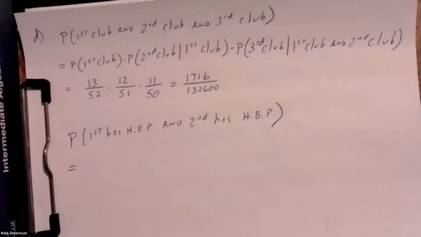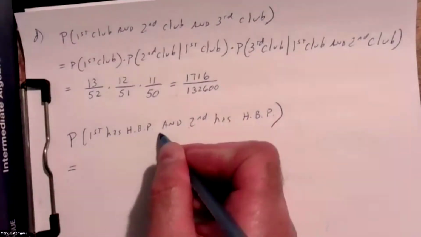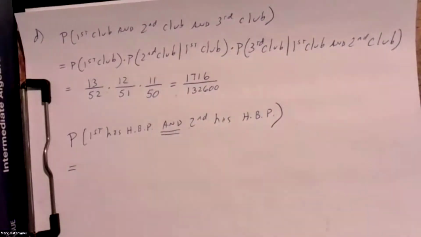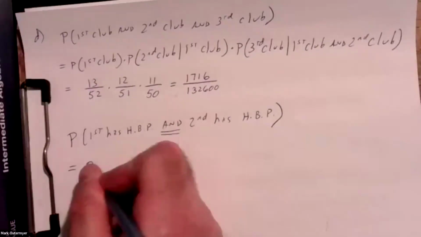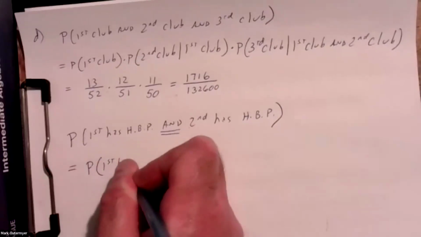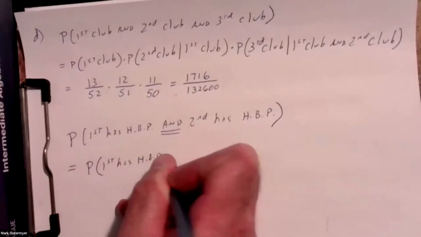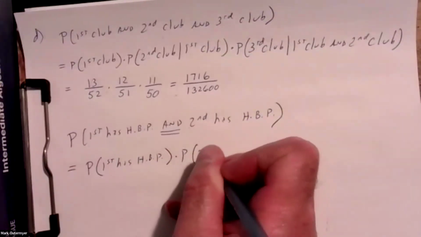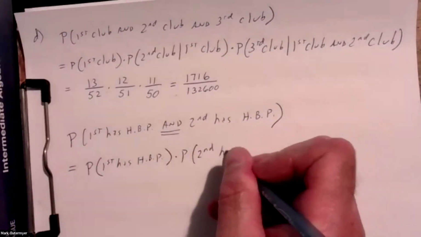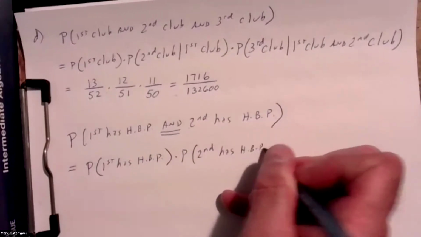I think they're independent. For the most part, different people that don't have any family ties or biological ties are essentially independent. So being independent, what multiplication rule would I use? The first or the second one? First one. So this is going to be nothing more than the probability that the first has high blood pressure times the probability the second patient randomly selected has high blood pressure.